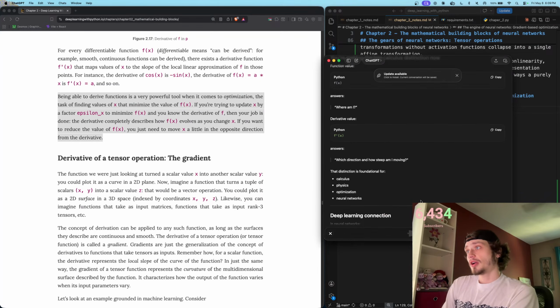So in this paragraph, when we apply this derivative calculus concept to our machine learning and deep learning, we're trying to adjust or update some value x, which would be our coefficients, or maybe our bias values, by some factor epsilon x, with the goal of minimizing the loss function f of x.